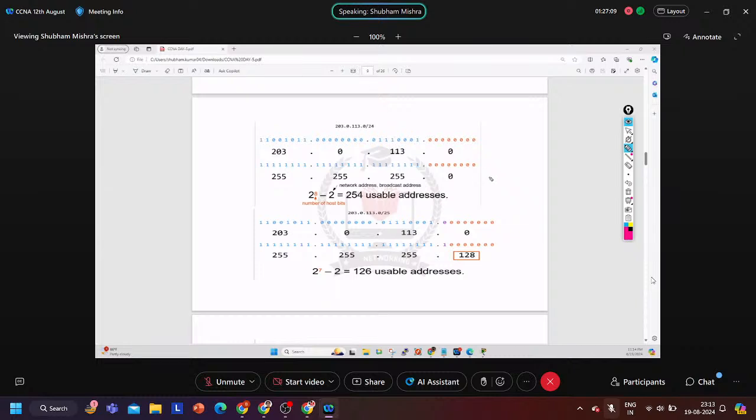I think everyone is already aware. See guys, what I did was write 203 in binary, 0 in binary, and so on. Are these clear, everyone? And here what is the value? /24. Understand, everyone?